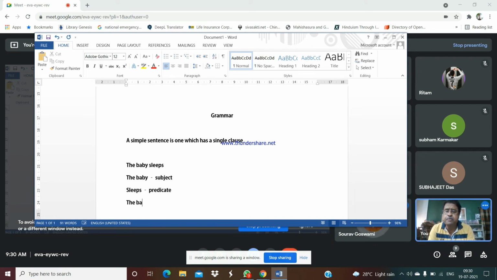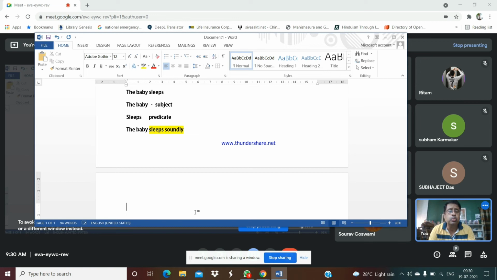No, but then if I have a sentence like this, the baby sleeps soundly. This is also a simple predicate. If you talk about simple predicate, this is the predicate part, and if you want to say this is the predicate, well, I don't disagree with you.